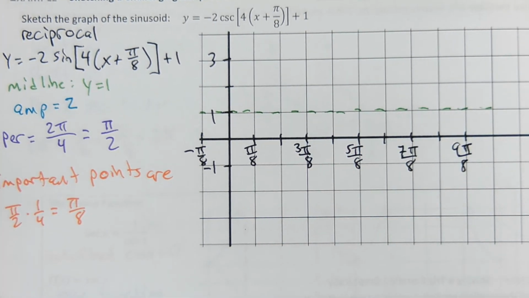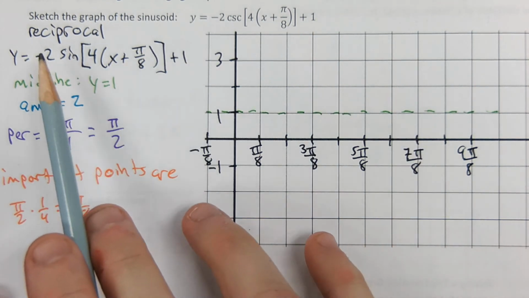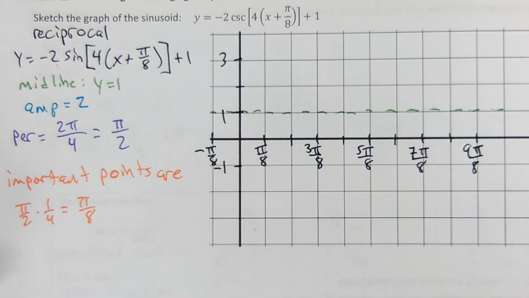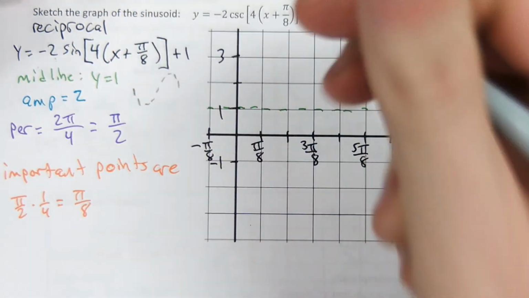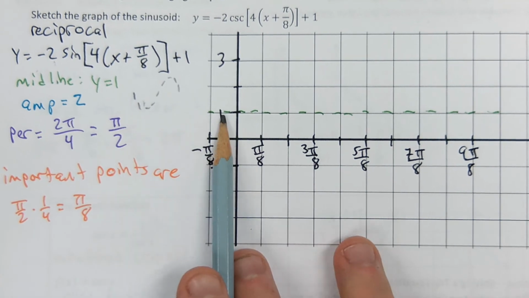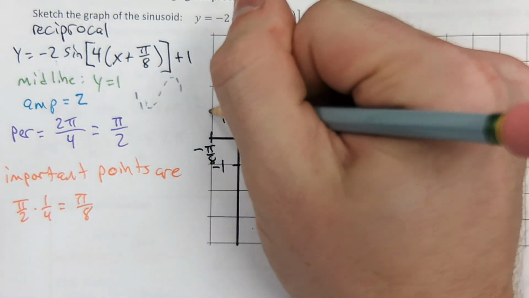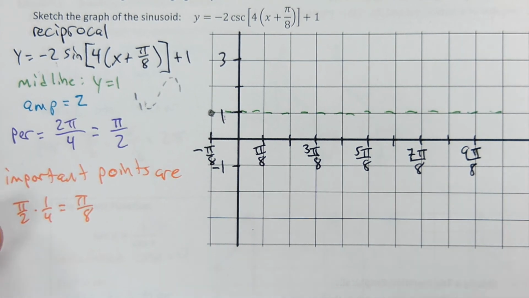I will graph the sine function in pencil because it's not actually there. This is a negative sine wave. Negative sine waves look like this. And we begin that shape at negative pi over 8 at its midline, and at every pi over 8 after that, we're going to hit a special thing.